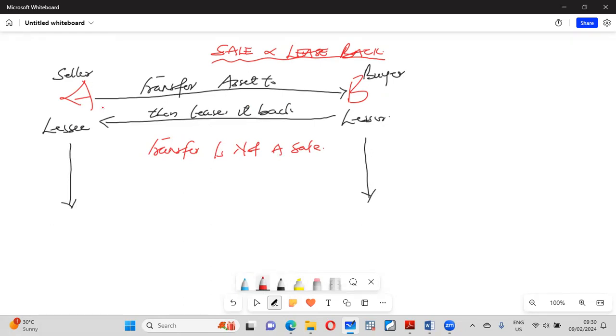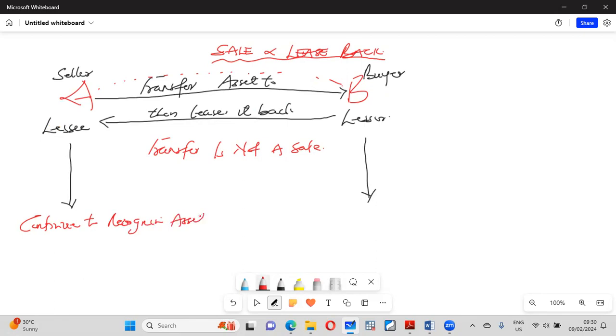When he transferred this, it wasn't really a sale. He just gave it. So if the transfer is not a sale, then A still has the asset. So A will continue to recognize the asset because he hasn't really sold it.